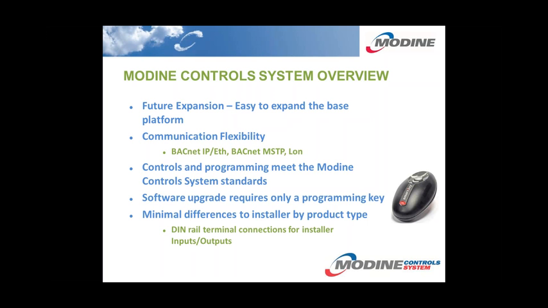Software upgrades are a simple procedure requiring only a smart key, which you can see on the right side of the window there. And there's minimal differences to the installer by product type of heat pump. So all the connections for an installer are made on the unit terminal strip. They do not actually touch the controller at all.